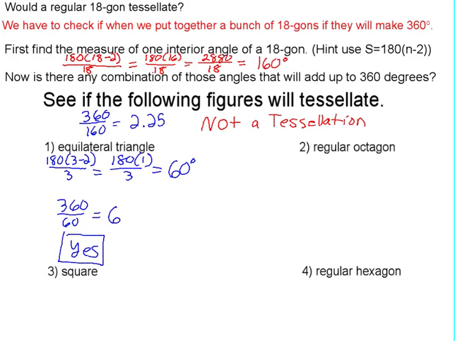Okay, let's try a regular octagon. Probably need the formula for this one. Go ahead and figure out how many degrees are in one angle.